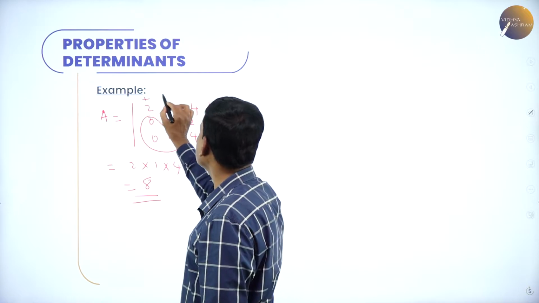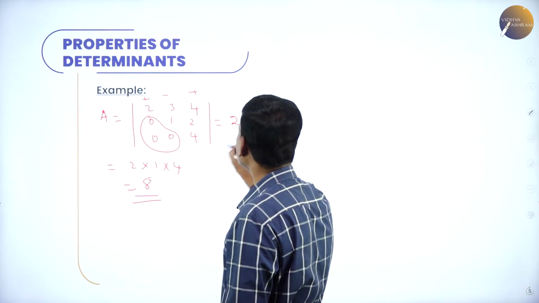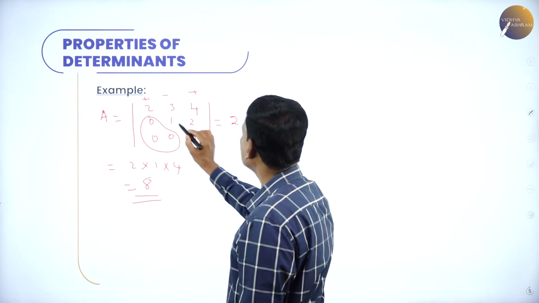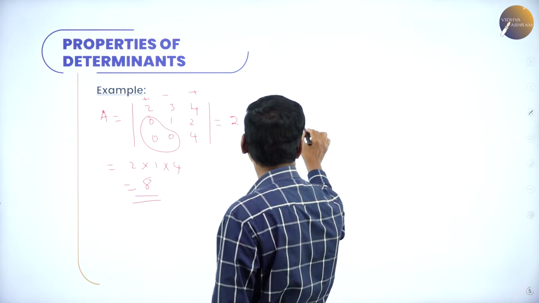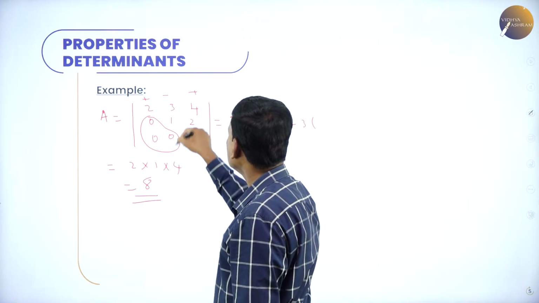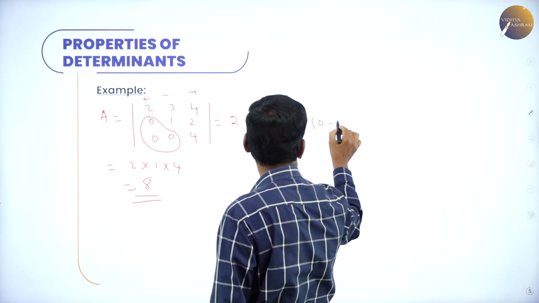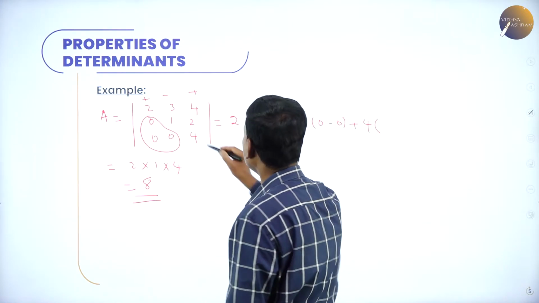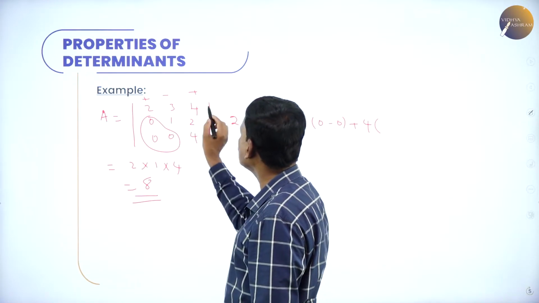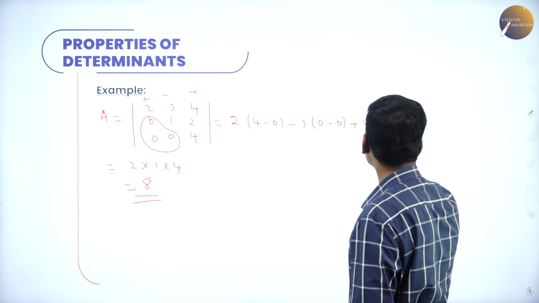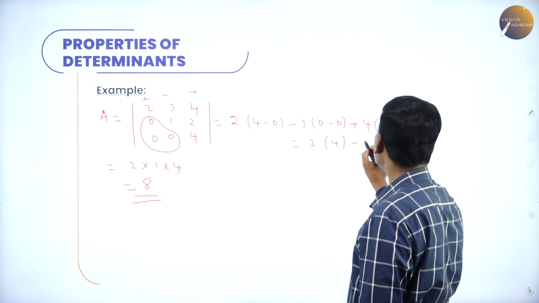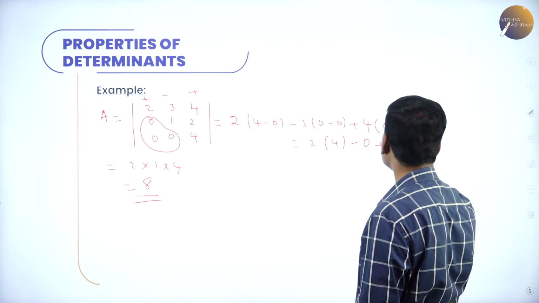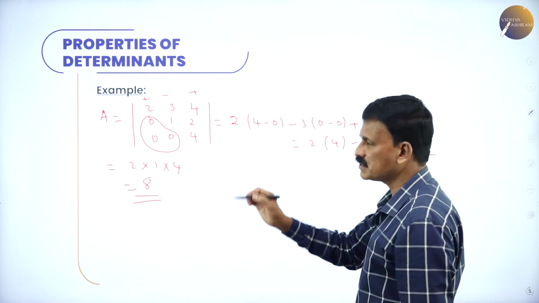Expand with plus, minus and plus: 2 into (1 times 4 is 4, minus 0), minus 3 into (0 minus 0), plus 4 into (0 minus 0). This is 2 into 4, minus 3 into 0, plus 4 into 0, which is equal to 8.